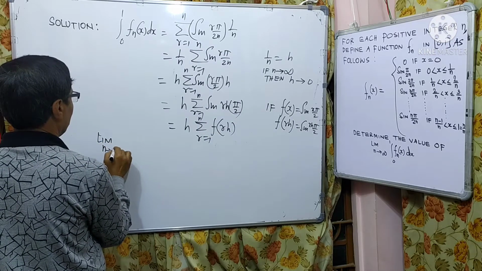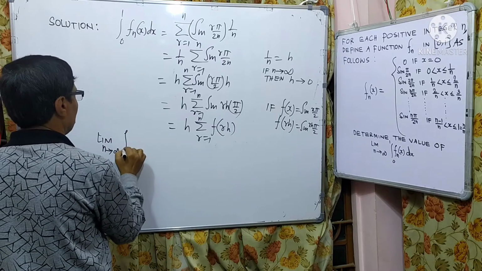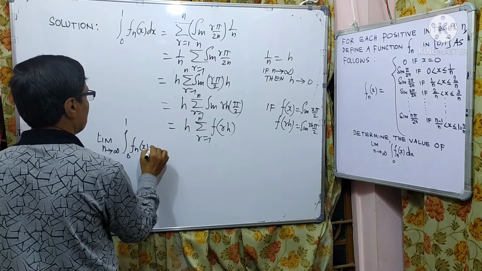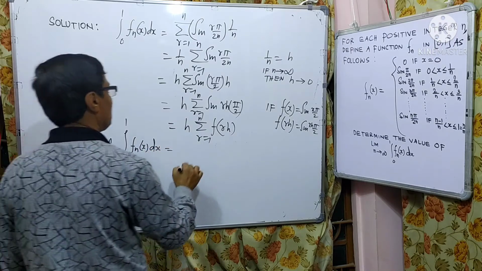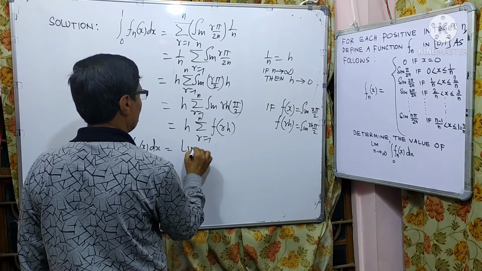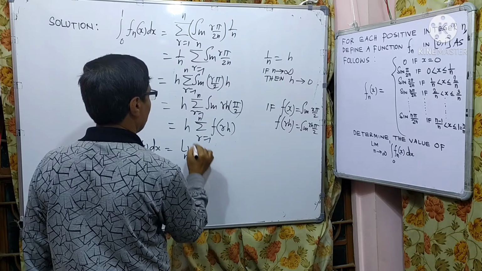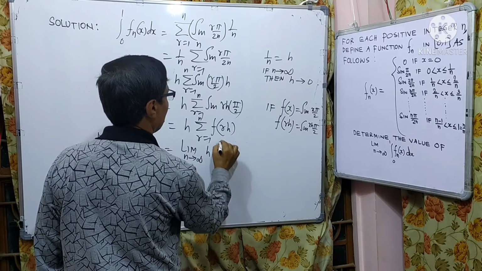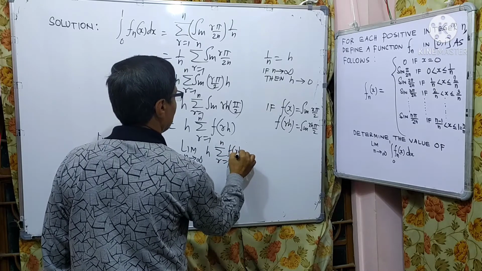limit n tends to infinity of the integral 0 to 1 fn x dx equal to limit n tends to infinity of h summation r equal to 1 to n f of rh.